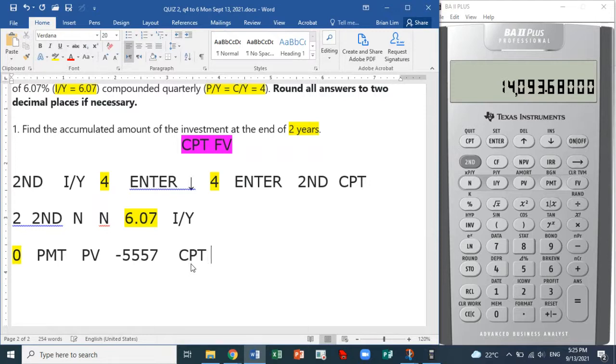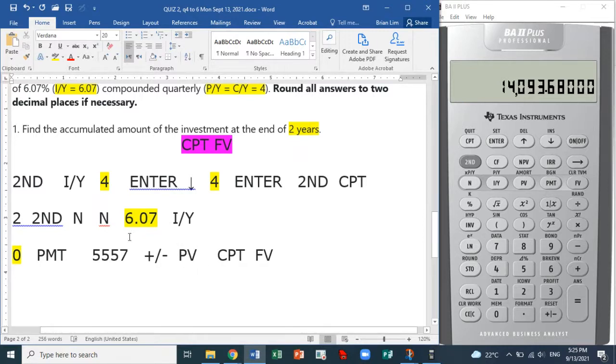And then we will go to compute the future value, and then we will get an answer there. Okay, so let's do this now. We don't put things in like that, of course. That will not work. So we will put that in there first, and then afterwards we'll hit the plus minus, correct? Yes. And then we hit the PV, and then we compute. Okay, now we're getting somewhere.